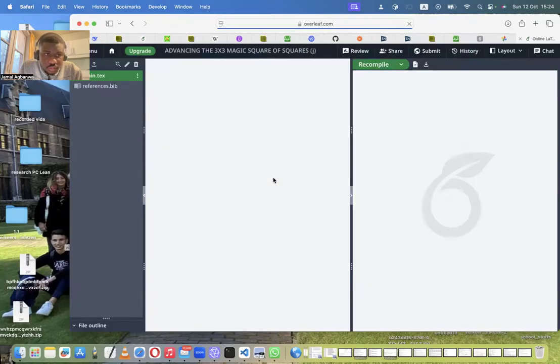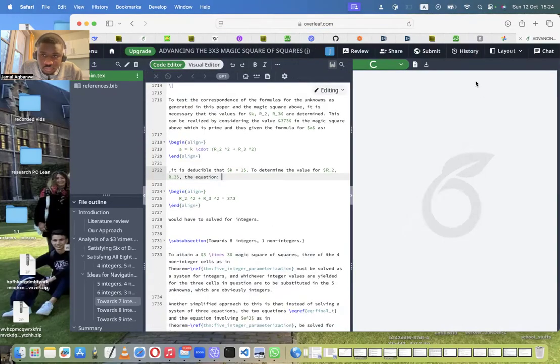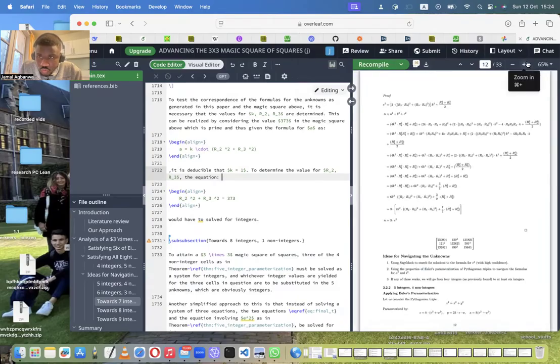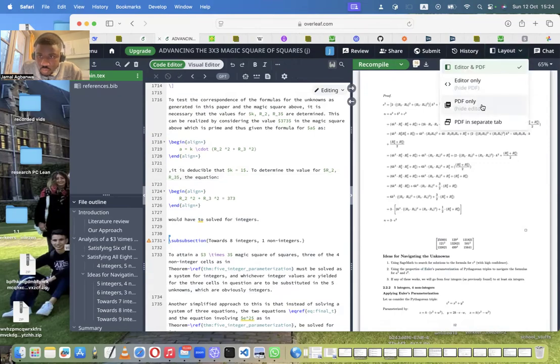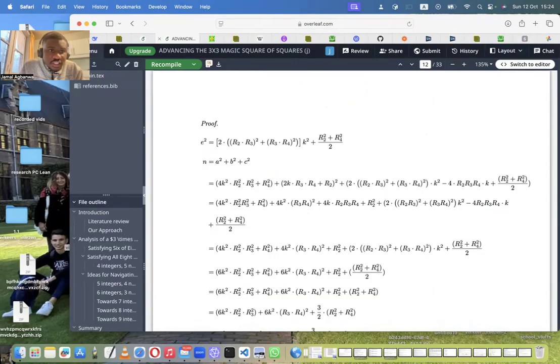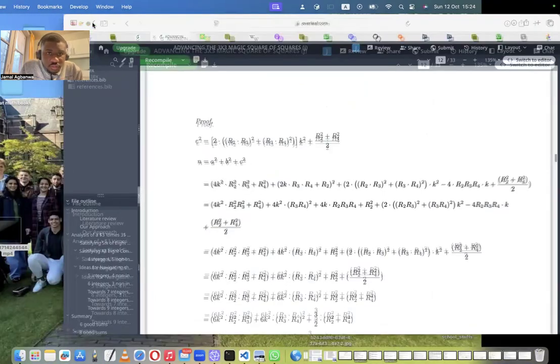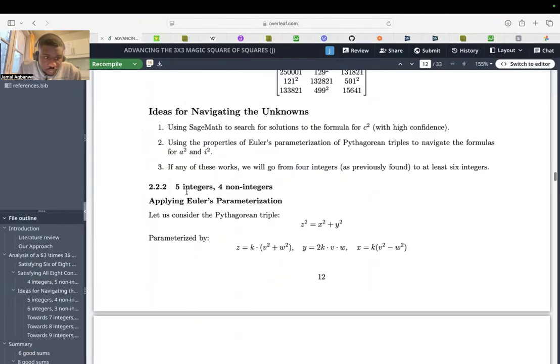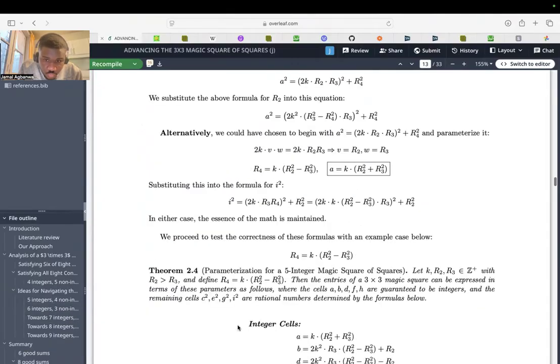So we'll now do this. We'll drag this here. Layout. We'll show only the PDF so that everything is visible. So this is the point I had gotten to.